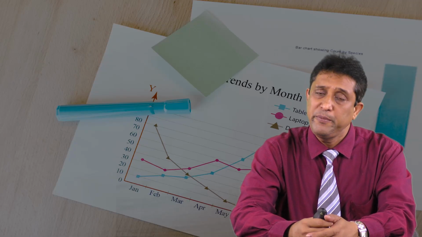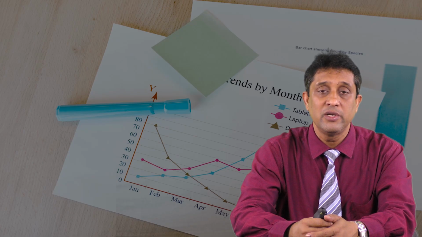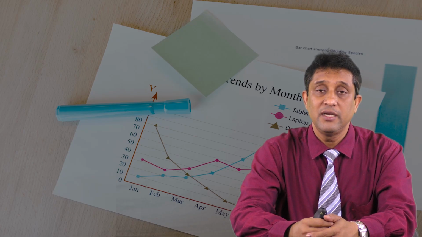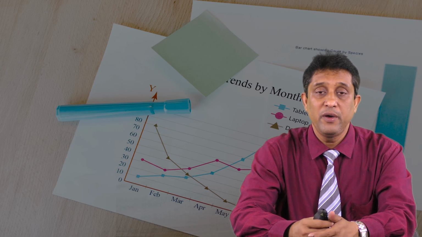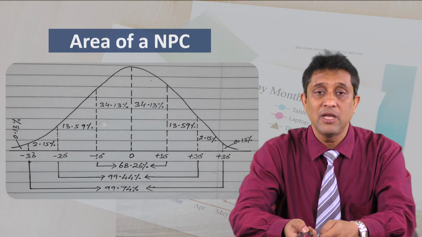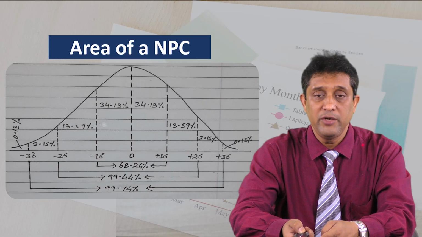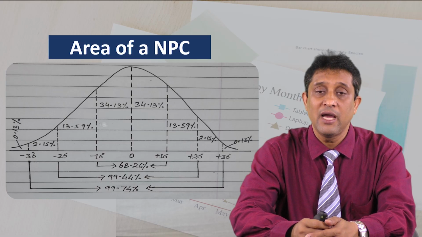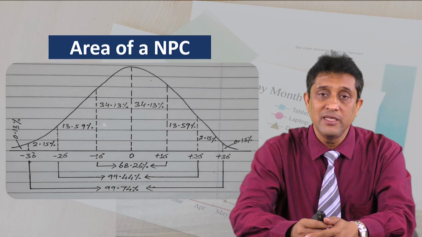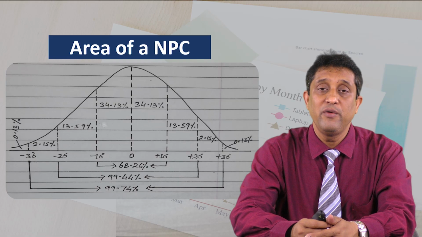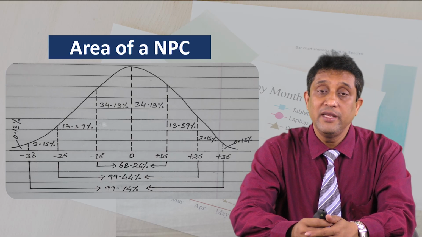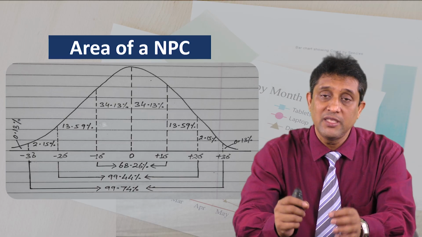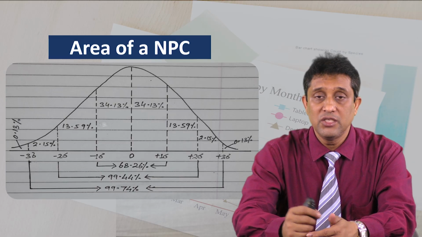Now let us recapitulate what we have discussed in our earlier video lesson, that is concept and characteristics of normal probability curve. First of all, we discussed that the total area of the curve is 100%, and this is a type of mathematical curve, a hypothetical or imaginary curve, and the total area or the total scores are represented in this normal curve.